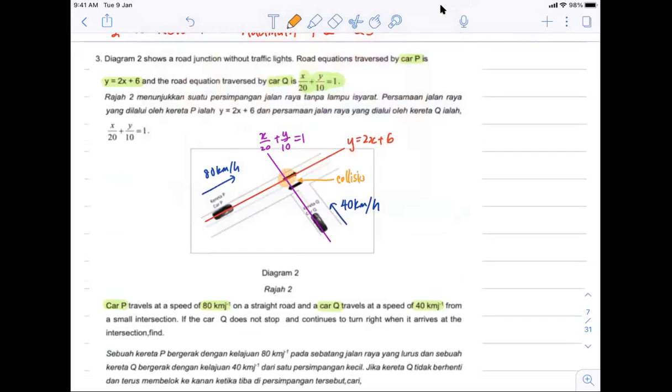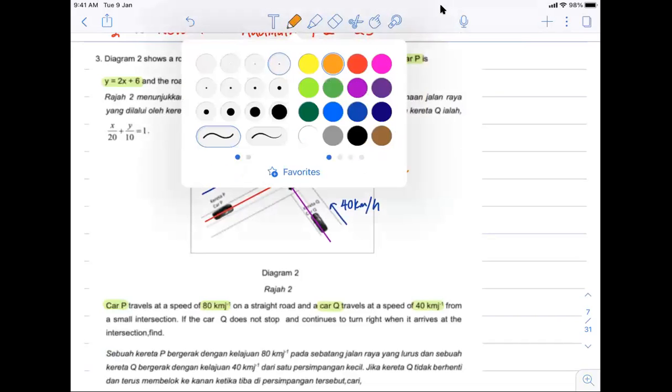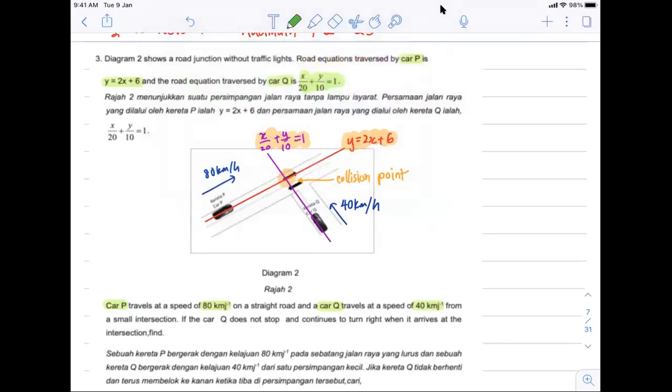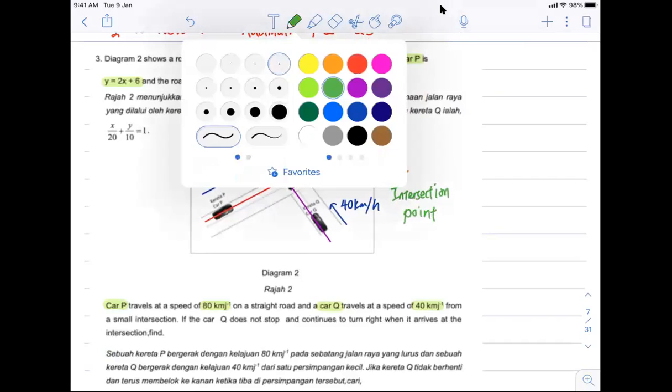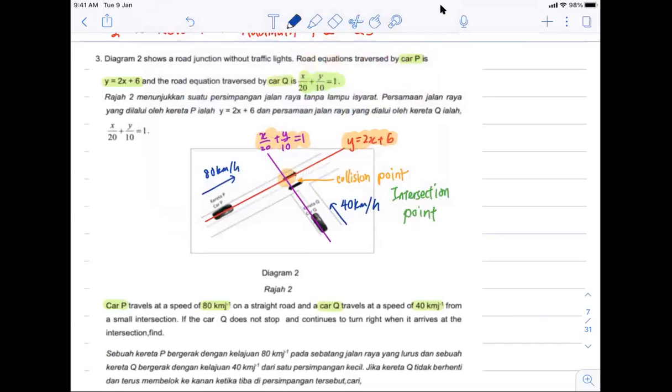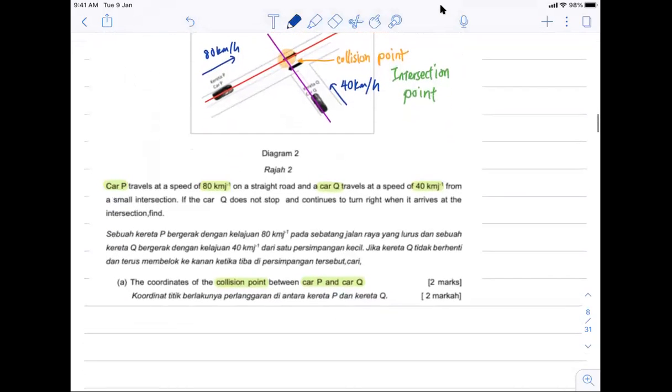Since both cars are moving in the form of a line equation, we know that the collision point is also the intersection point between the two lines. So to find the intersection between two line equations, we need to use simultaneous equations to find the unknown x and y. So let's get started.